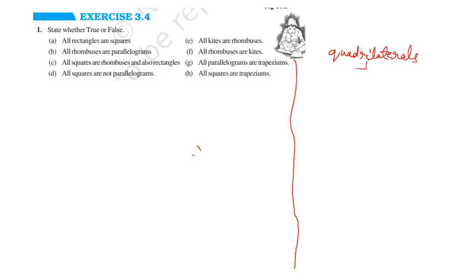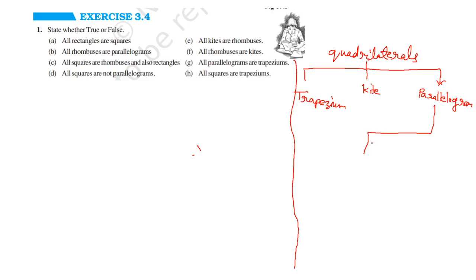We have learned the special types of quadrilateral: first the trapezium, second the kite, and third the parallelogram. Further, we have learned special parallelograms. What are these special parallelograms?